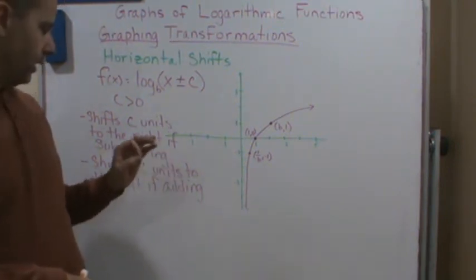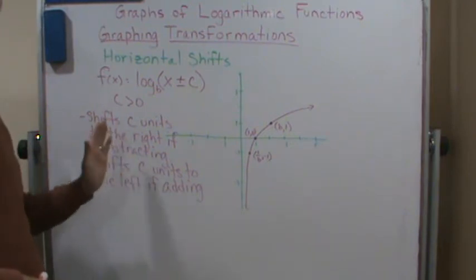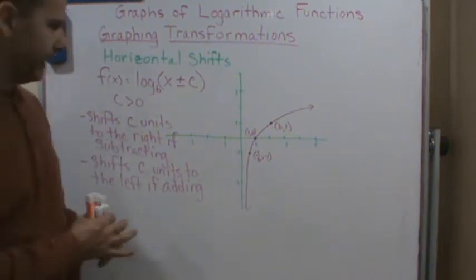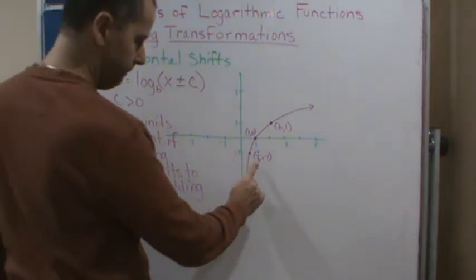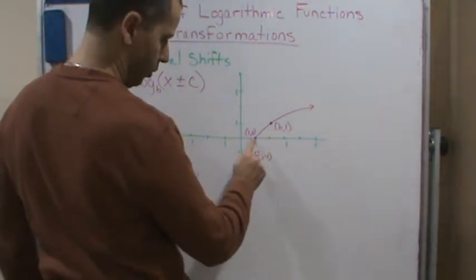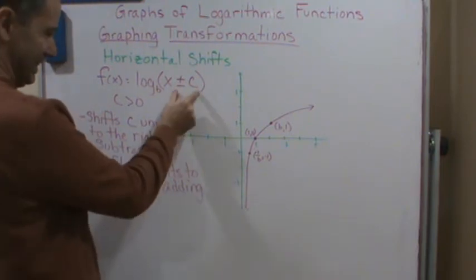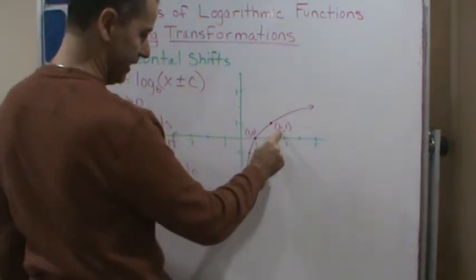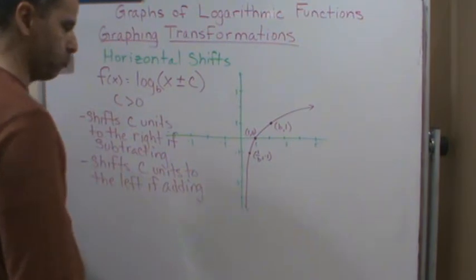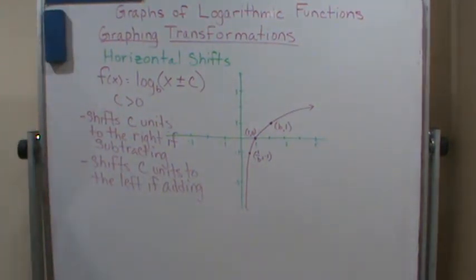Okay, so if you're adding, you're shifting to the left. That means, again, you're affecting the x coordinates, right? So if you're adding a constant c, you're going to add a constant c to each one of these coordinates.